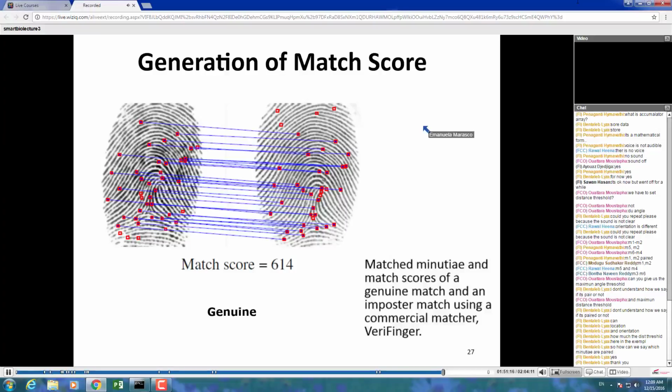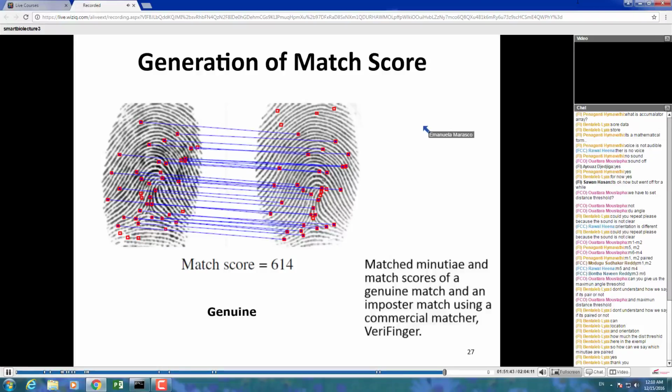And then we are now generating the match score. Right? We want to generate the match score. How? We know the number of minutiae pairs, so we use it and we compute the similarity match score as a function of the number of paired minutiae.